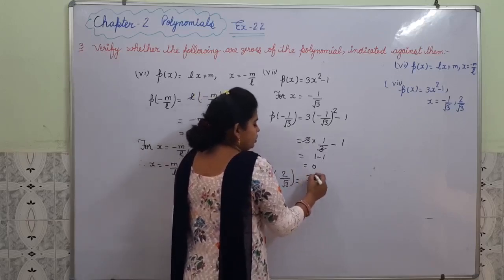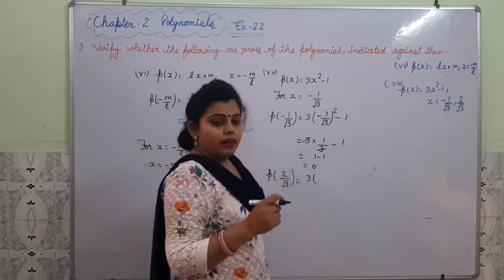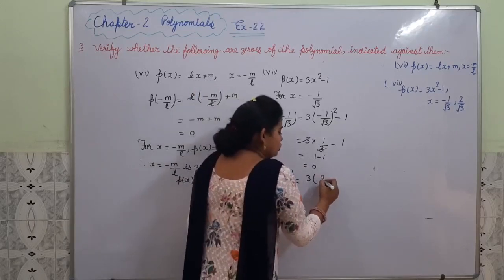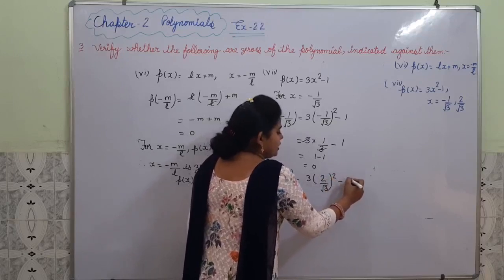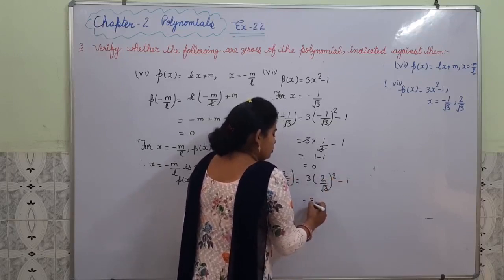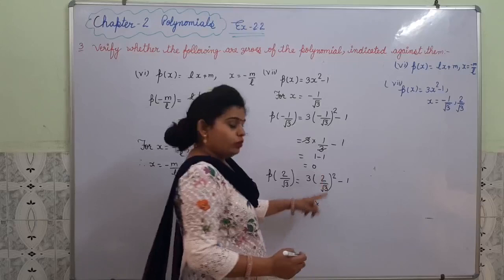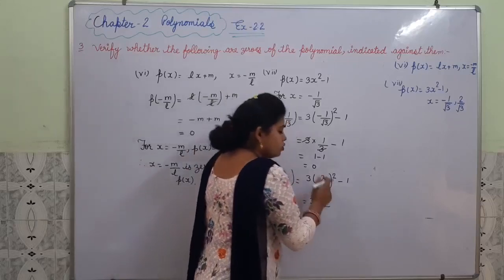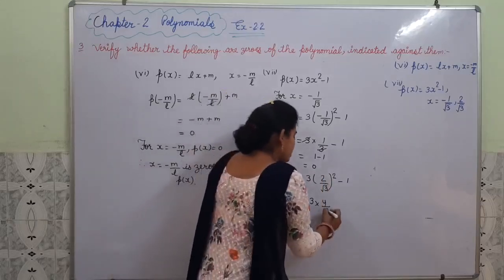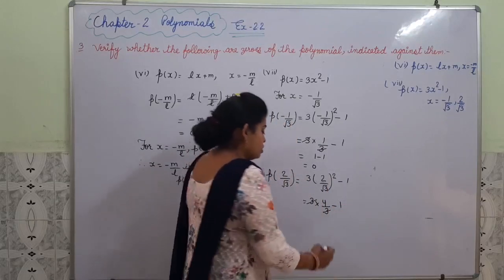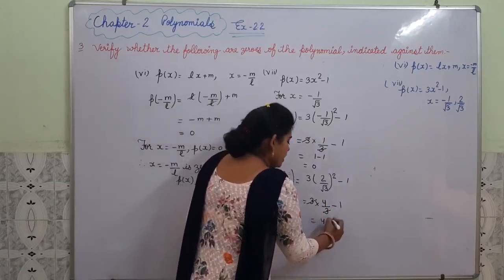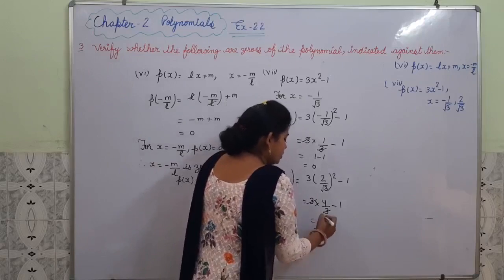Here 3 into x. We will replace x by 2 by root 3 and its square minus 1. Now 3 into square of 2 is 4 and square of root 3 is 3, minus 1. Now 3 cancel out. 4 minus 1 and it is equal to 3.